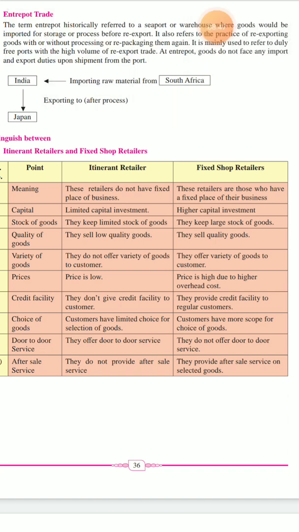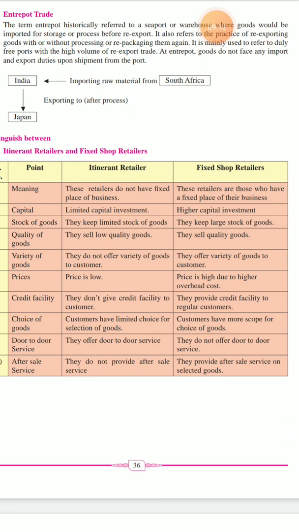Okay, then fixed shop retailers provide credit facility to regular customers. They will provide udhari, credit facility meaning udhari, to the regular customers. Choice of goods. Okay, here customers have limited choice of selection of goods. Here they will keep very few things. Now suppose if they are selling vegetables, they will sell a very little amount of vegetables.